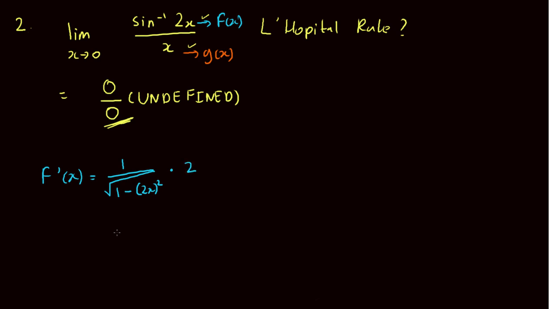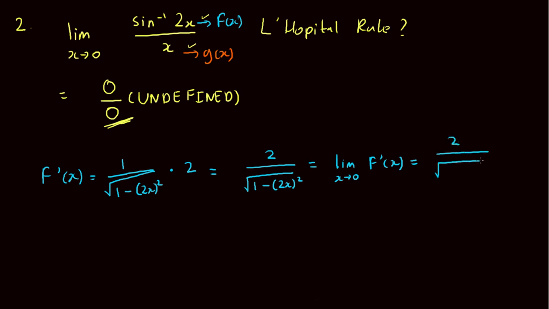So it would simply be 2 over root 1 minus (2x) squared. As x approaches 0, the limit is 2 over root 1 minus 0, which is just 2 over 1, so it's just 2.